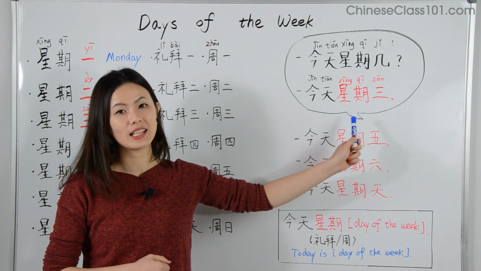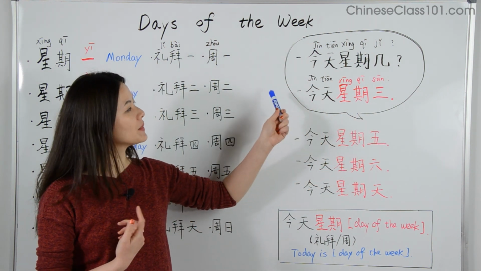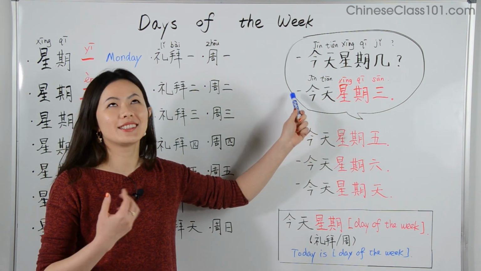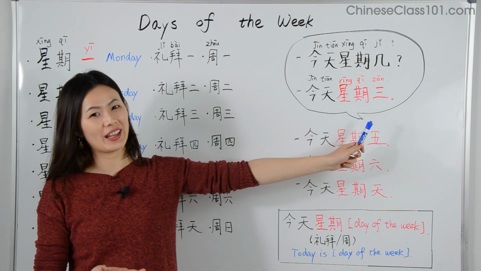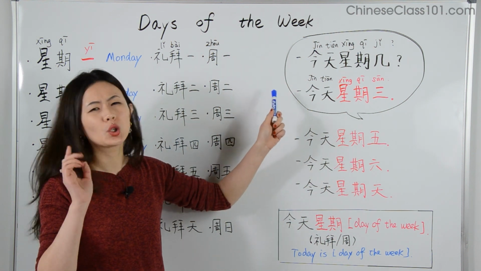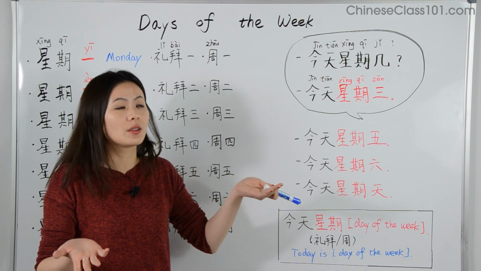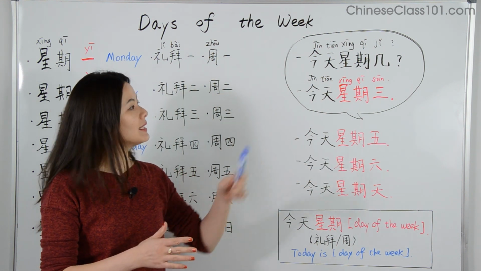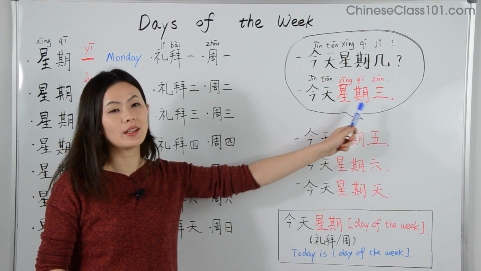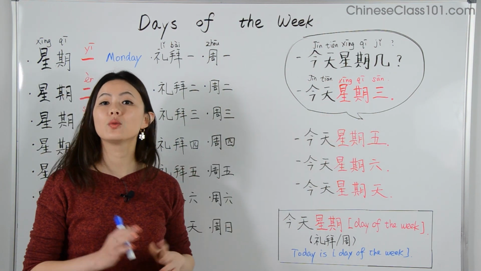We know 星期三 is Wednesday and 今天 is today. So this literally is today, Wednesday. Okay, notice there's no 是, no "is" in this sentence. You could say 今天是星期三, which is also grammatically correct, but 今天星期三 is more common and it's perfectly fine. So 今天星期三, today is Wednesday.